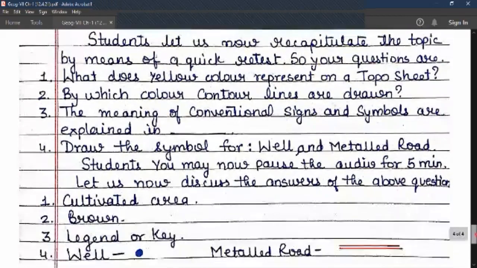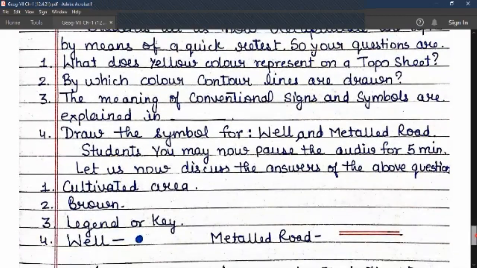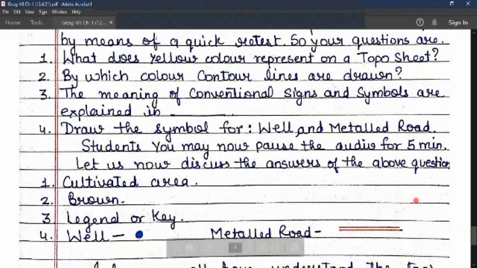The time slot given for writing the answers is over, children. So let us now discuss the answers of the above questions. Answer number 1: cultivated area is shown with yellow color. Contour lines are drawn with brown color.